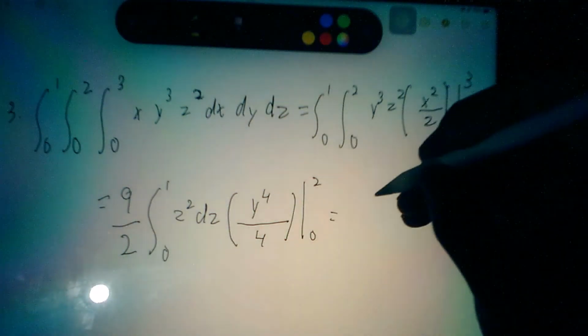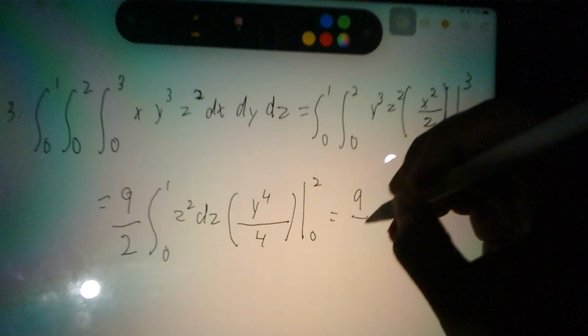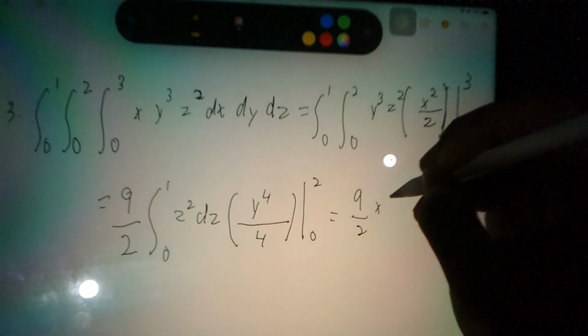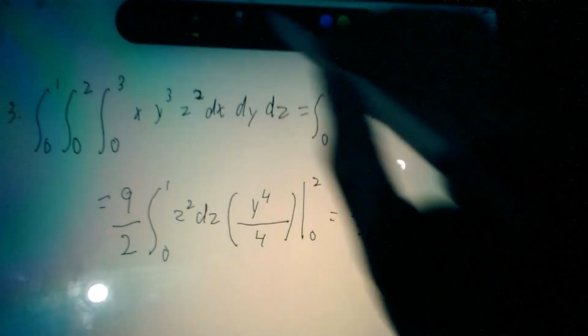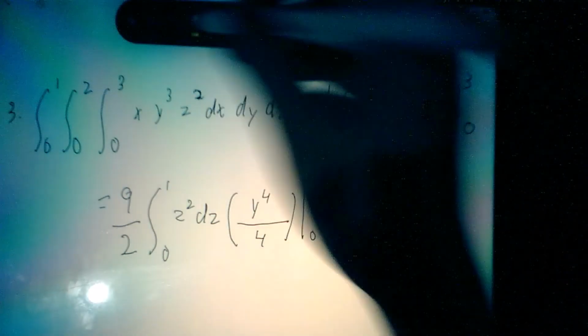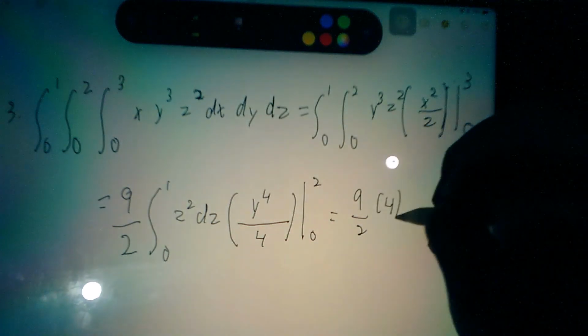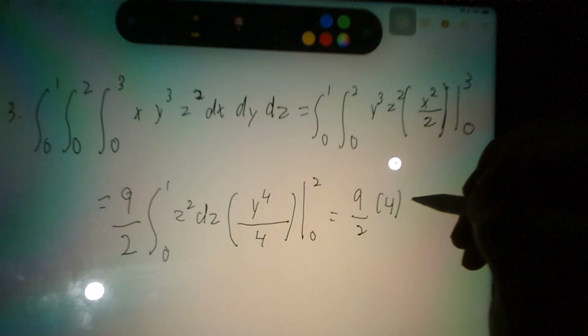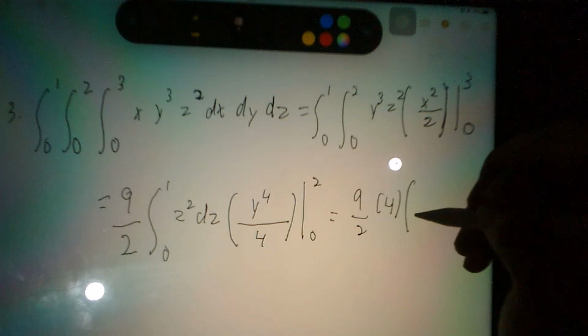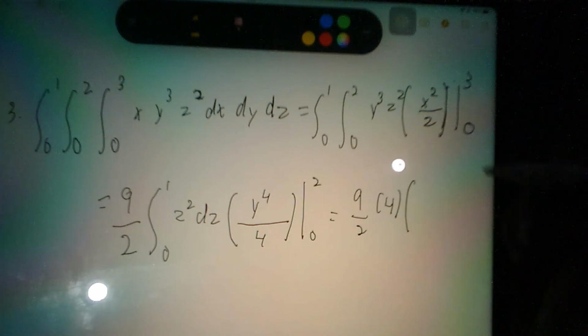So 9 halves times 4, times the integration of our last equation here, which is z squared.